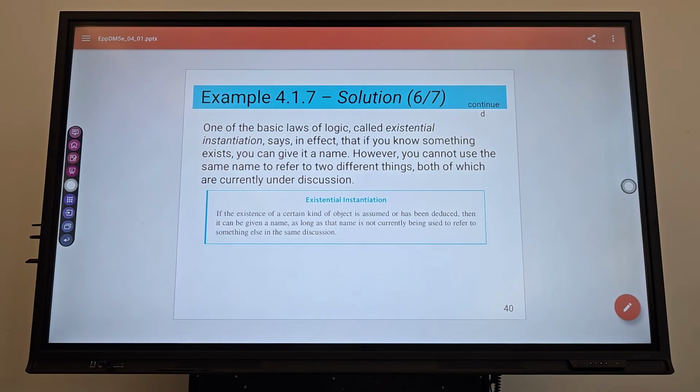You can't use the same variable name for two different things. Not in the same scope, at least. So if the existence of a certain kind of object is assumed or has been deduced, then it can be given a name, as long as that name is not currently being used to refer to something else in the same discussion.